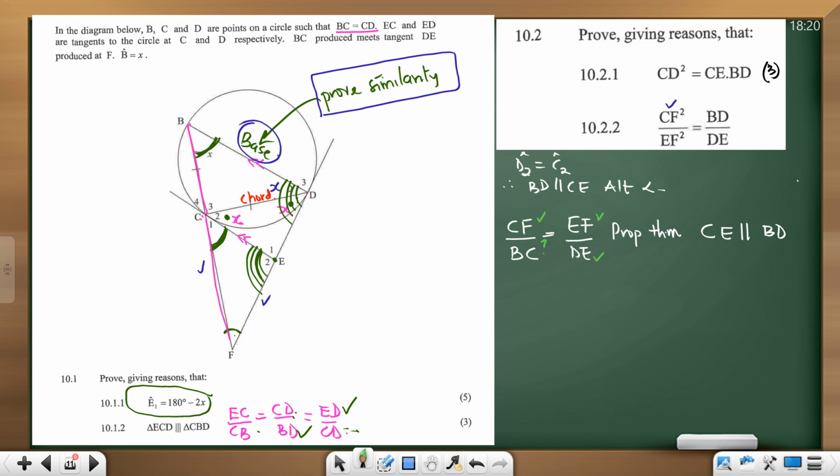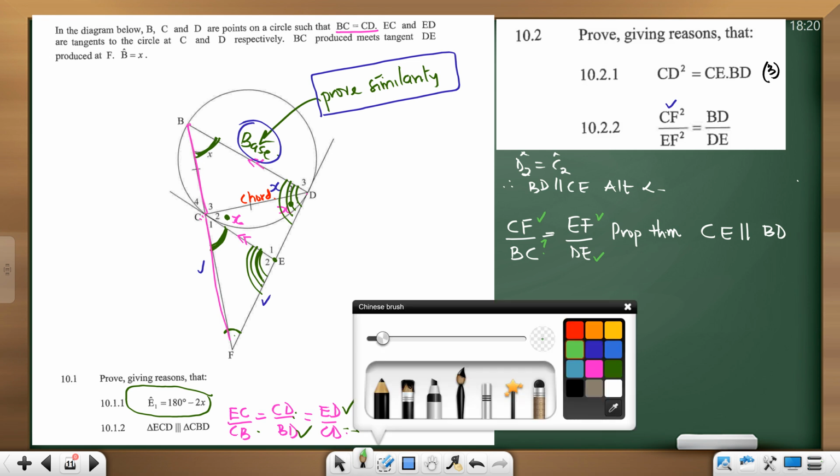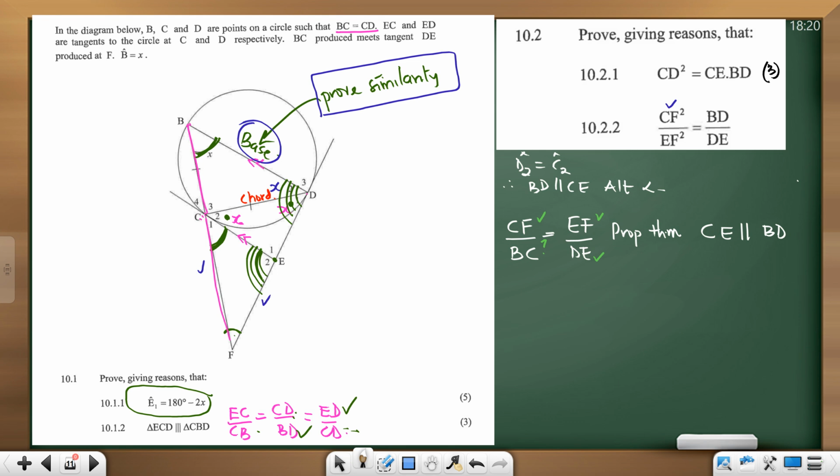Great. We are now there. Can we cross multiply? What do I have? DE multiplied by CF equals EF multiplied by BC.